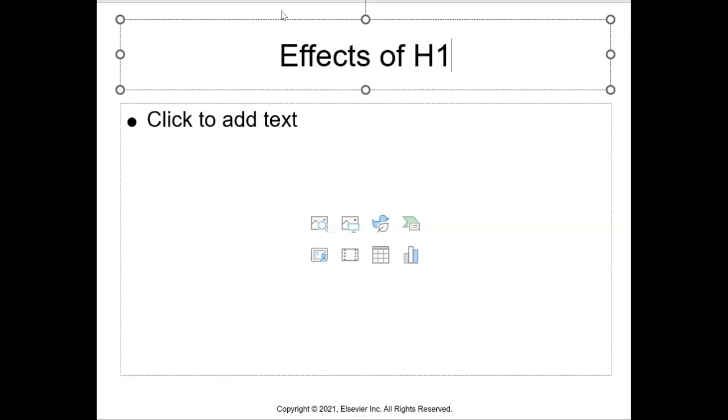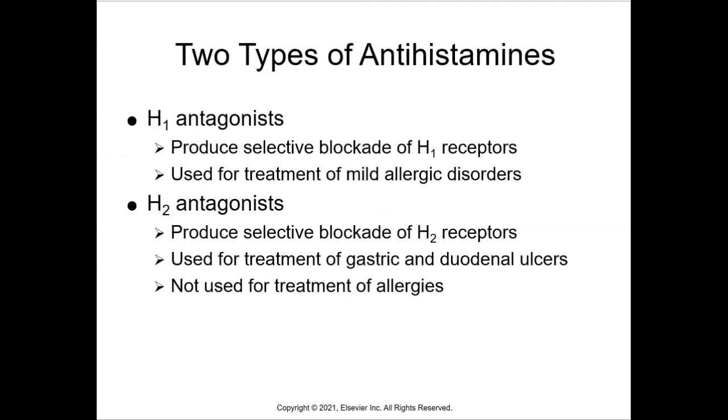So we have the two types of antihistamine. Again, we use this word antihistamine, which is the same as an H1 or H2 antagonist, okay? When we give something that is an antagonist, we're blocking the receptor.